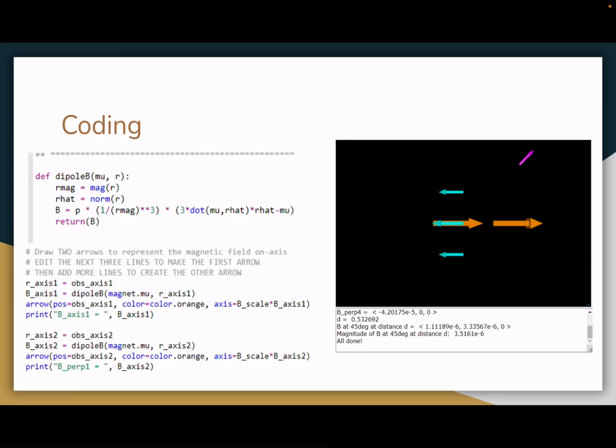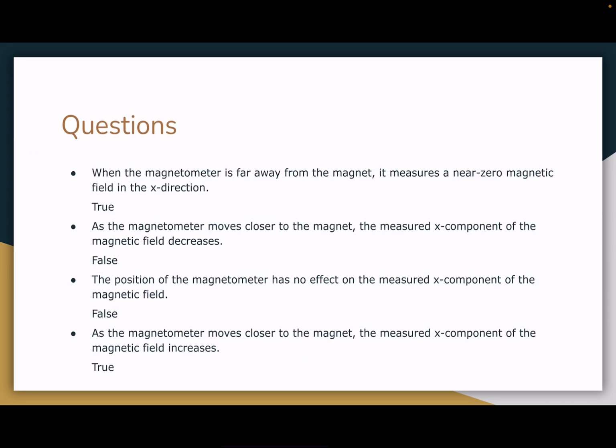And B at a 45 degree angle and at distance D is equal to 1.11189 e to the minus 6, and 3.33356 e to the negative 6, 0. And the magnitude after all that of B is equal to 3.516 e to the minus 6.